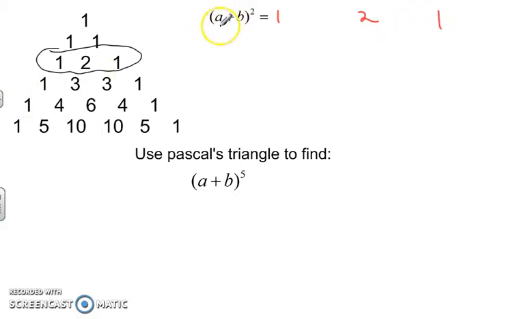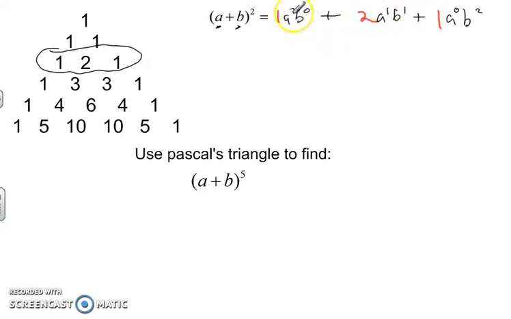Now I like to think about the a term being to the highest power here. This is second power, so it's going to be a squared, and then a to the first, and then a to the 0. We might simplify that in a second. The b squared is on the back end, so b squared is the highest power of b, then b to the first, and then b to the 0 power.